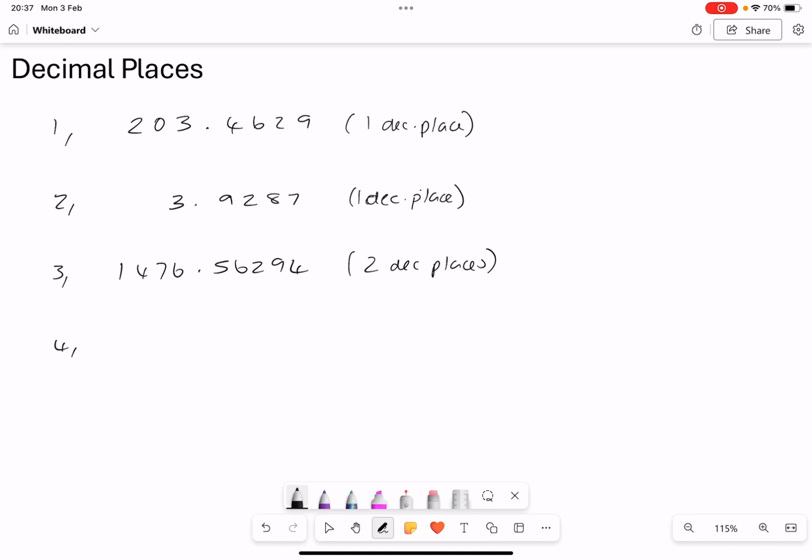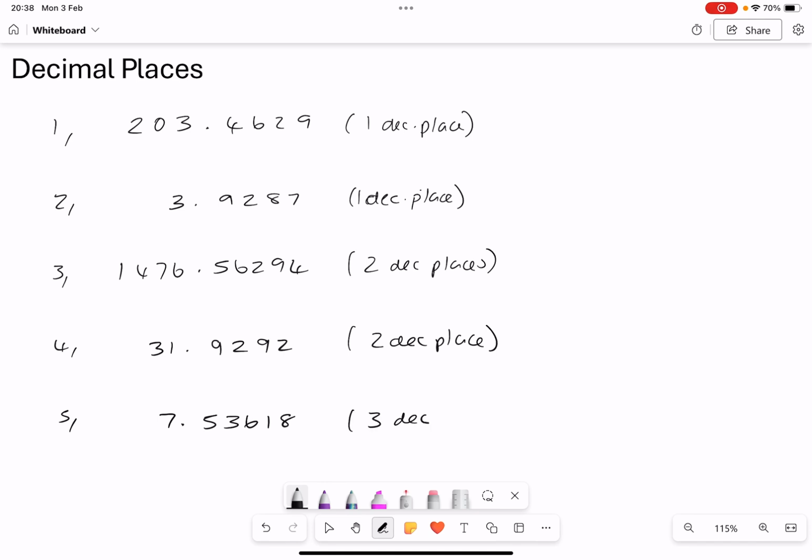Number 4, 31.9292. 2 decimal places. Number 5, let's have 7.53618.